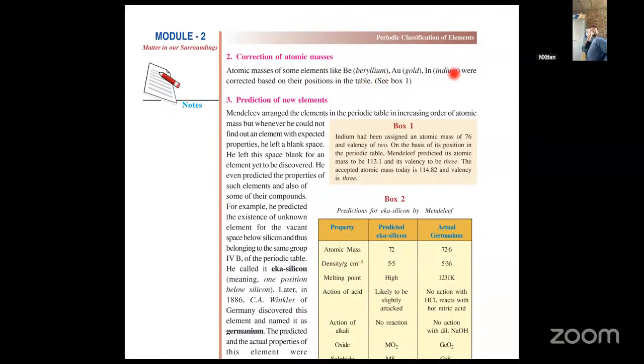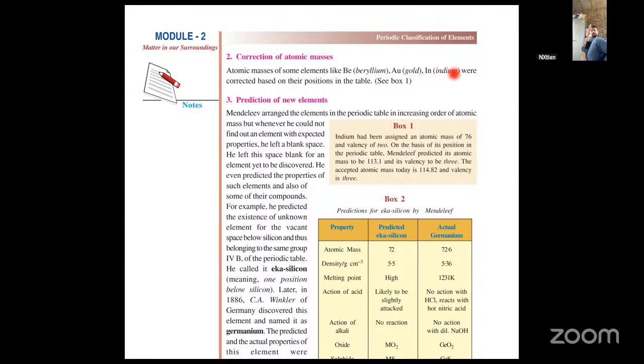When he was arranging it, beryllium was coming in after that place. But when he arranged it, he found that beryllium's properties were not related to that. So he recalculated the beryllium atomic mass and found that it was wrong.